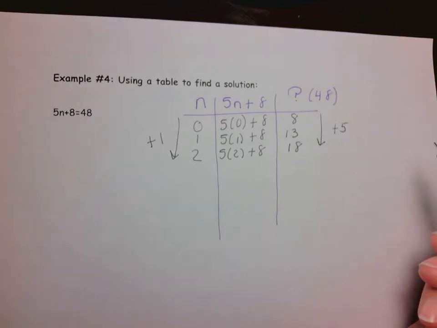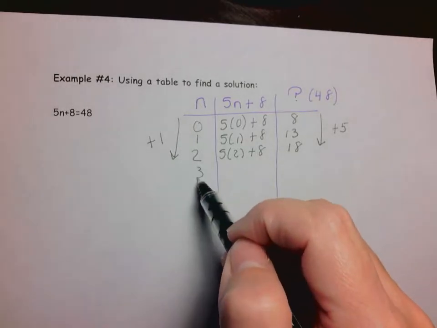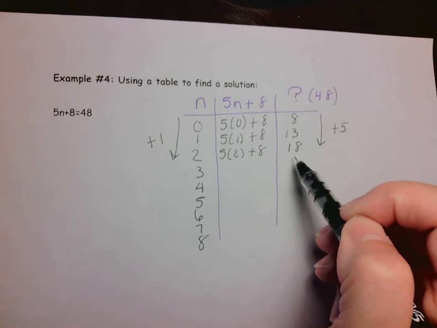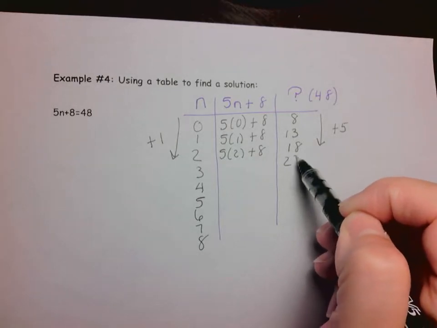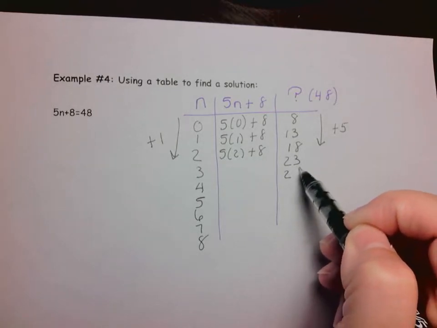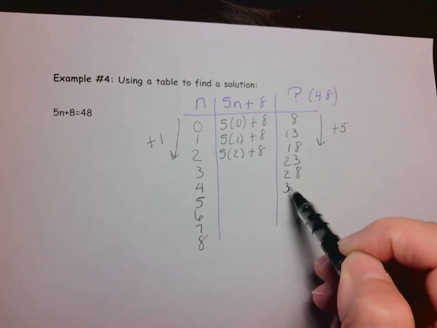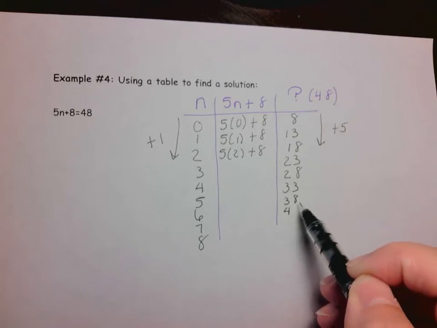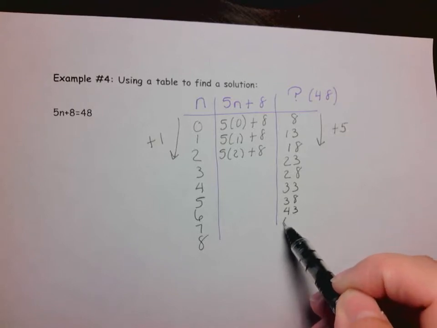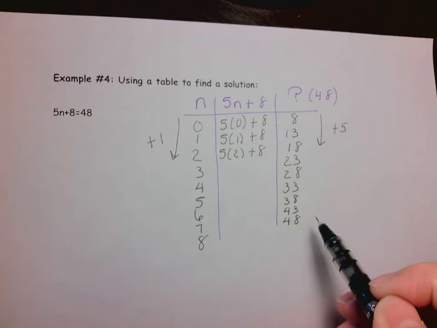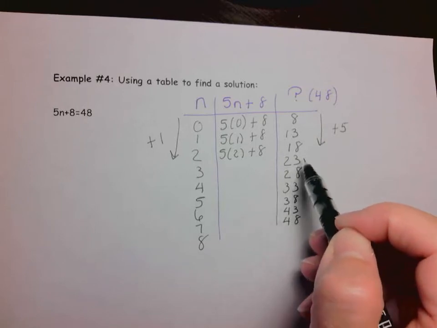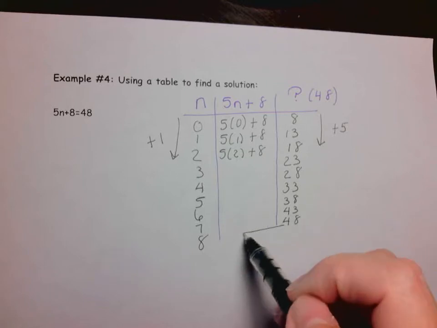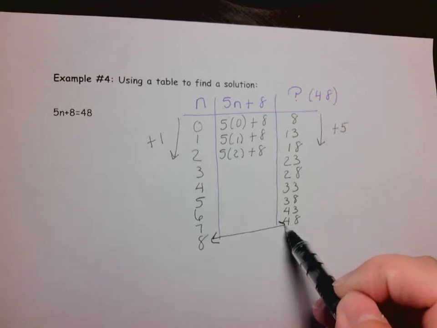So continuing that pattern, I can say 18, 23, 28, 33, 38, 40. Oh, right there. So that was 3, 4, 5, 6, 7, 8. Oh, coincidence. I stopped at exactly the right spot.